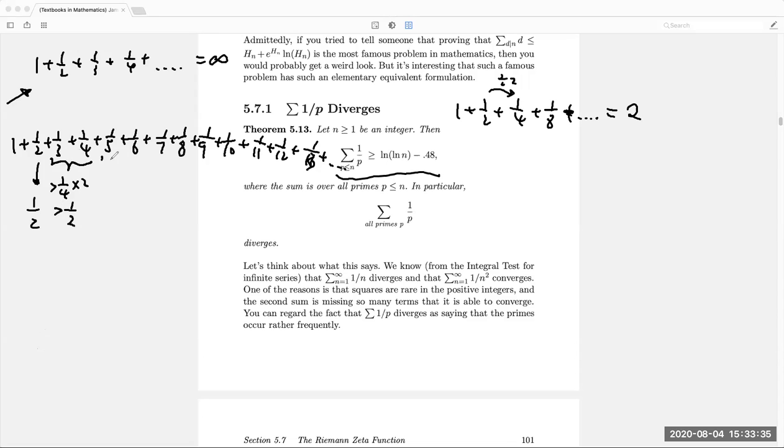And then if you group these 4 terms, each term is greater than or equal to 1 over 8. That means the sum should be greater than 1 over 8 times 4, which is greater than 1/2. And then you take the next terms up to 1 over 16.